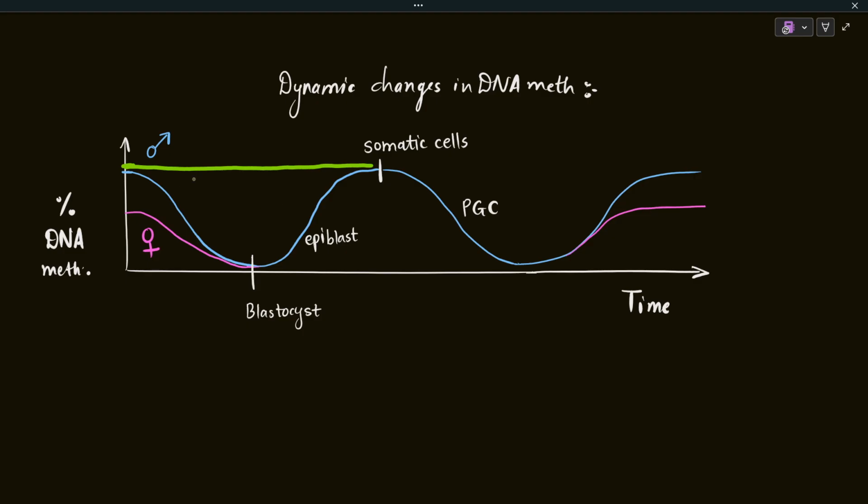So methylation is protected in the imprinted genes until they reach the gametogenesis stage. Once they reach the gametogenesis stage, they undergo demethylation, and then again remethylation.